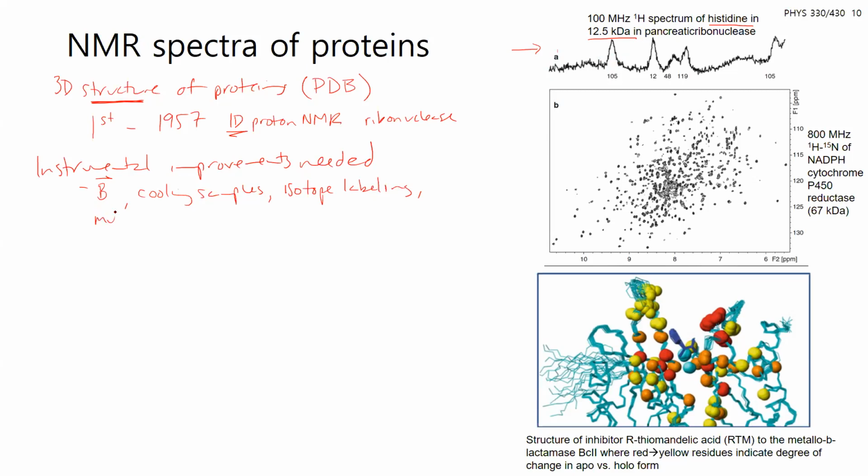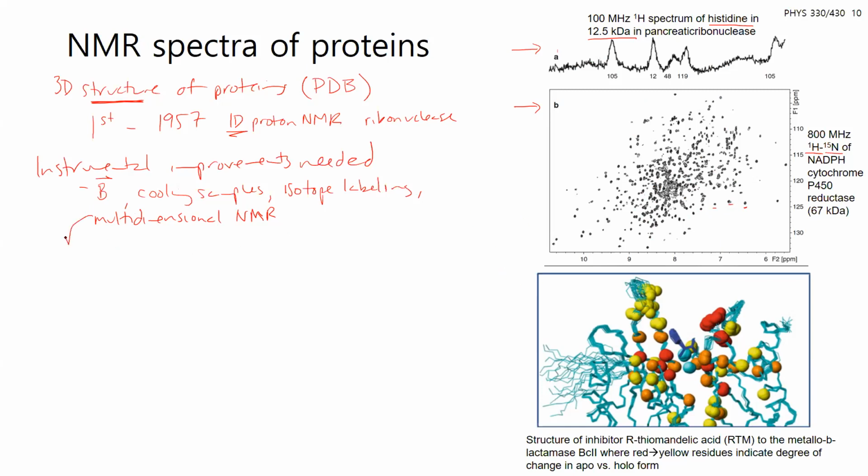And the main key advancement was multidimensional NMR, which we're going to discuss in more detail in the next slide. But this plot here in B is showing that if you're able to look at two different nuclei and look at their cross peaks in two-dimensional NMR, that can help you greatly identify what specific atom you are looking at in the protein, as opposed to those very noisy broad peaks in a one-dimensional NMR.